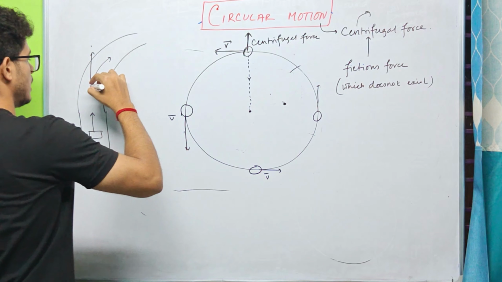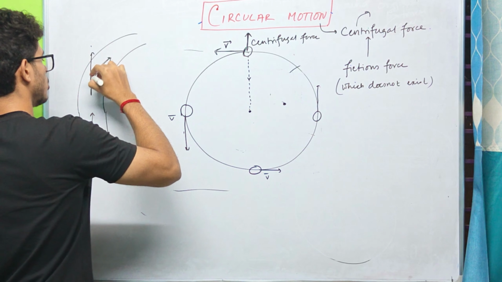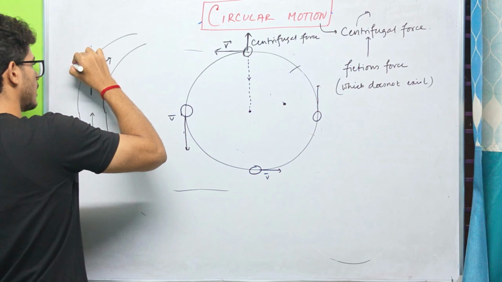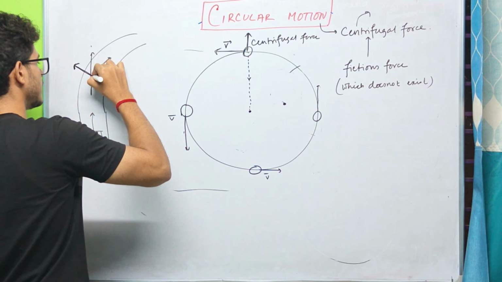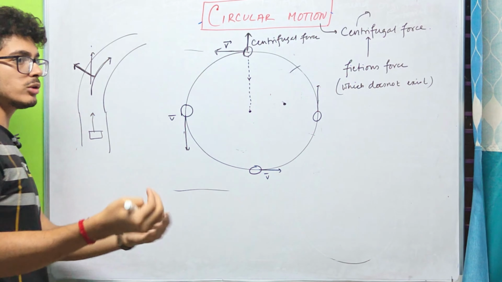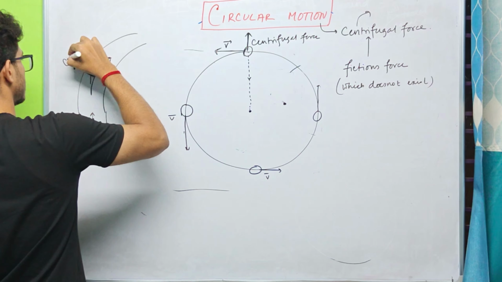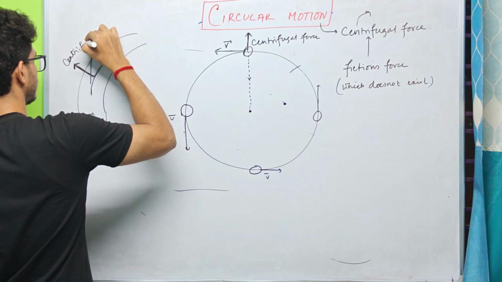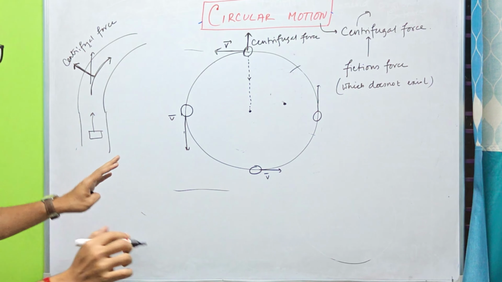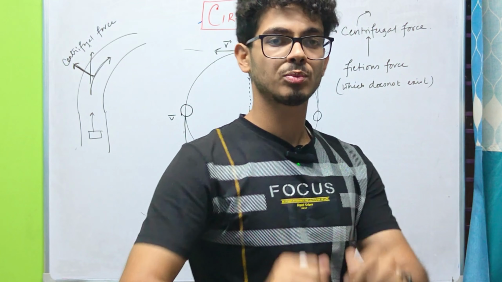But when some external force is acting on you, you feel that a force is acting on your body in the outward direction. That's why you feel some force acting on you when you are making a turn, and that force we call centrifugal force. This is not a physical force, it doesn't exist. It is just the reaction we feel when some inward force pulls ourselves.